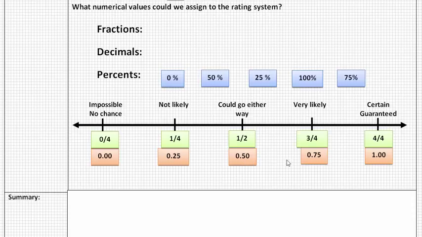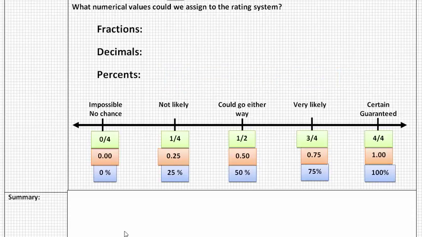Go ahead and make sure that you have them in the correct spot, and then let's talk about the percents. If you haven't done the percents yet, go ahead and pause the video to put those on there. If you have, let's see if we agree. So now I have the percents on here. And again, all of these are equivalents.